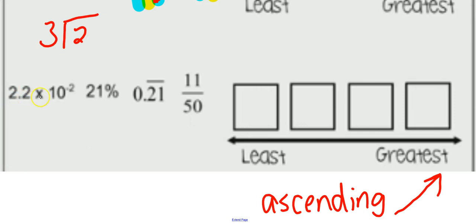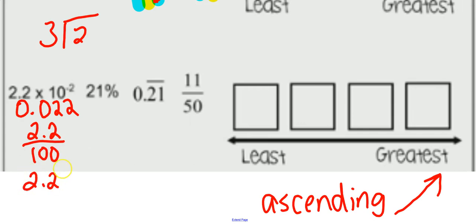So the first one, 2.2 times 10 to the negative 2, I am going to first change to 0.022, right? Because you're moving 2 places over. You moved 1, 2 places. And so what would this be as a percent? It would be 2.2 hundredths, which is 2.2%. So you can already see that this one is pretty small.